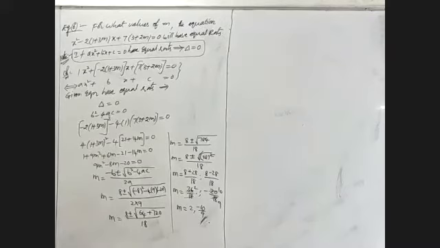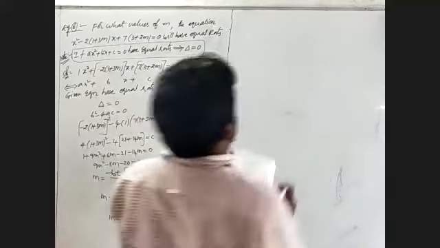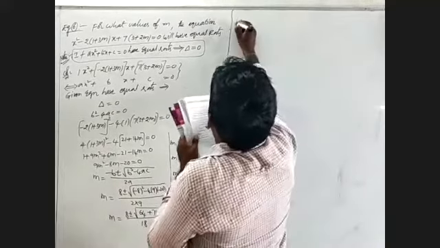Now I am going to example 7. That is most important for 2 marks from the IP point of view.